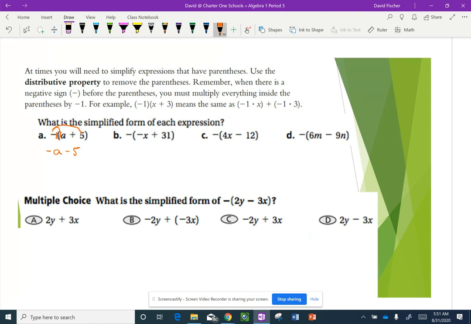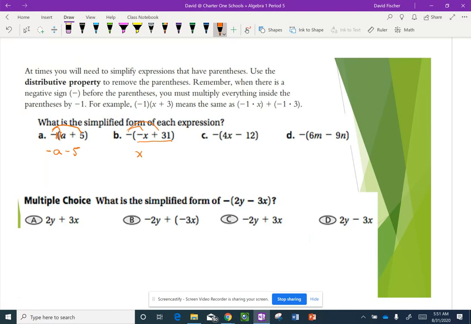A lot of times kids will start speeding things up. They'll say, hey, it's just when I have a negative sign touching the parentheses, it's the opposite of everything that's inside the parentheses. There's another way to look at it. So to speed things up, instead of doing all this distributive property, I would say, hey, we had a -x in the beginning, so now that becomes a +x.